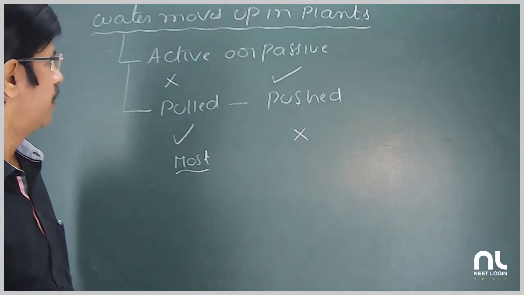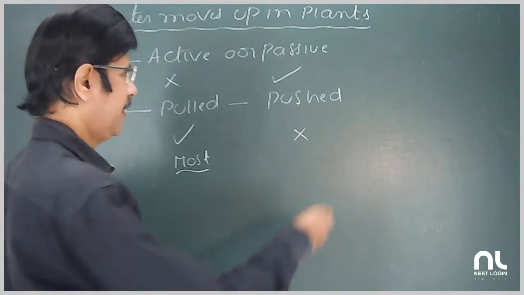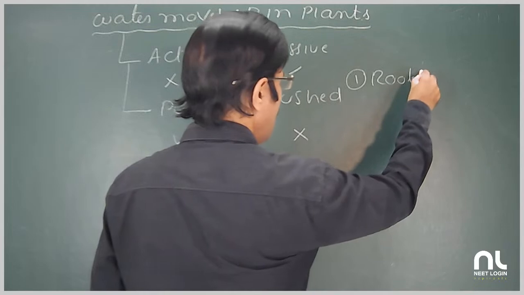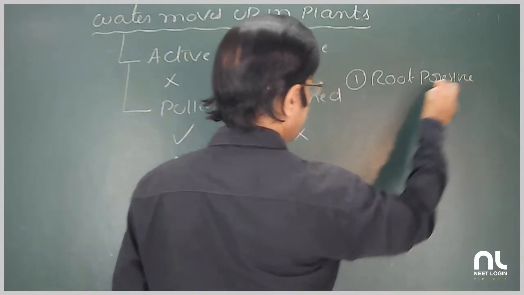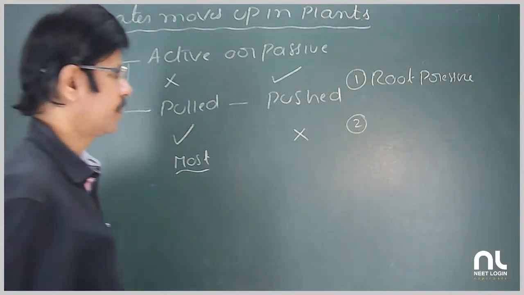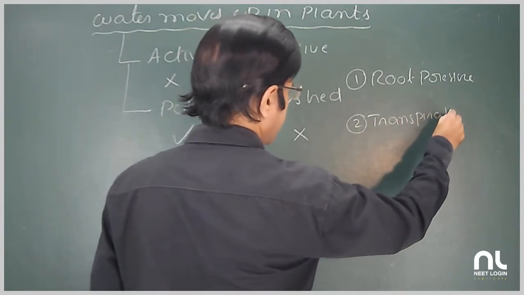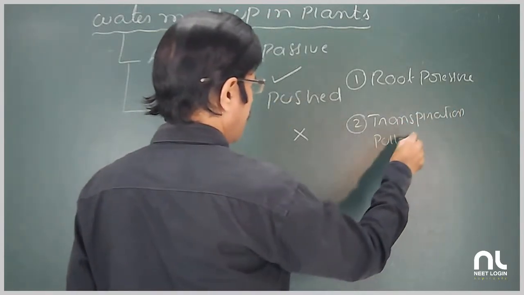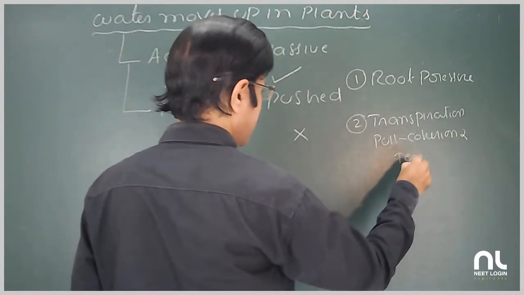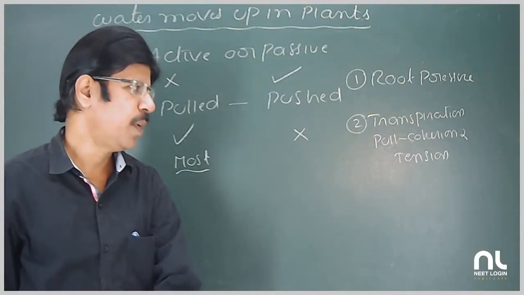Okay, so how does water move up in the plant? In this, we are going to discuss root pressure, transpirational pull, cohesion and adhesion.